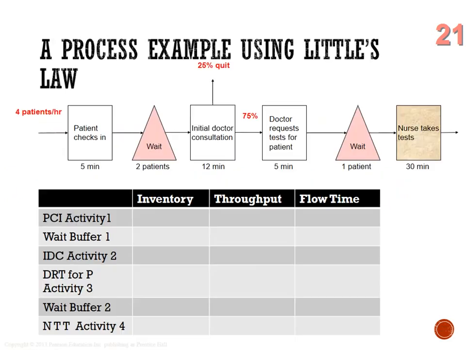All right. So here's another example. A process example using Little's Law. We're looking at a patient checking into a hospital, or seeing a doctor, I guess is what we're looking at here.